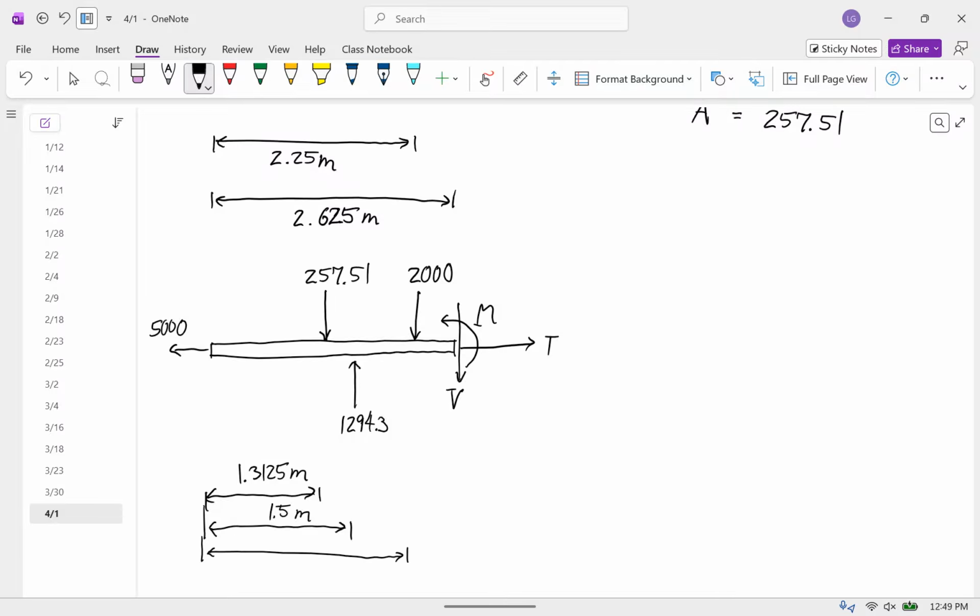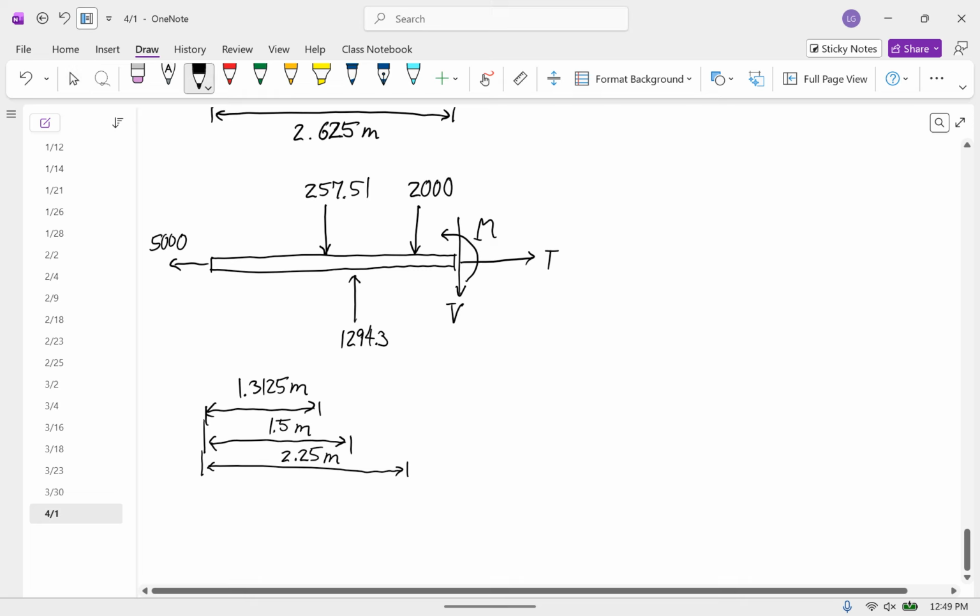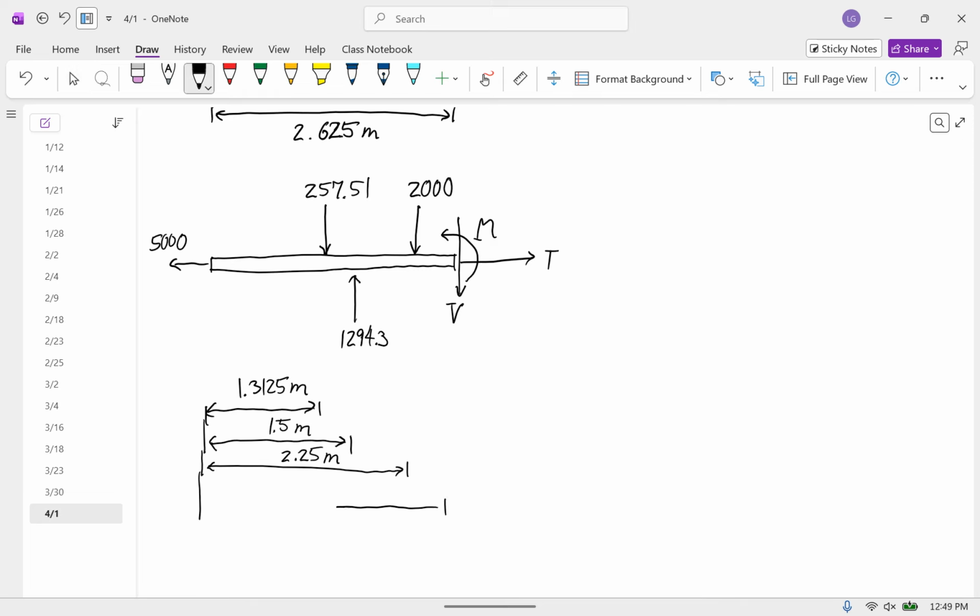This one is 2.25. And this one is 2.625. And we're going to calculate our moments about this, like we always do with cuts.